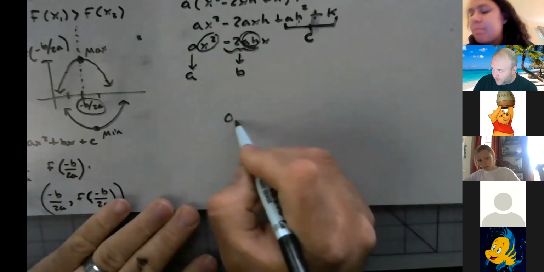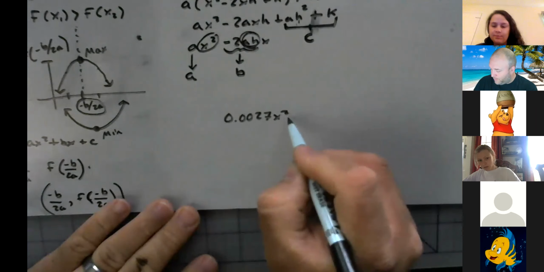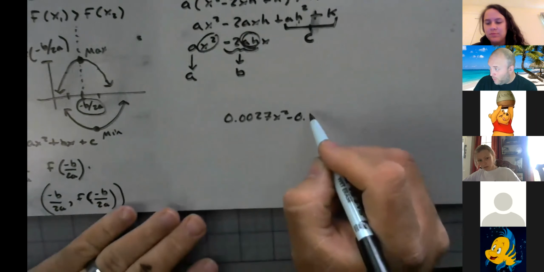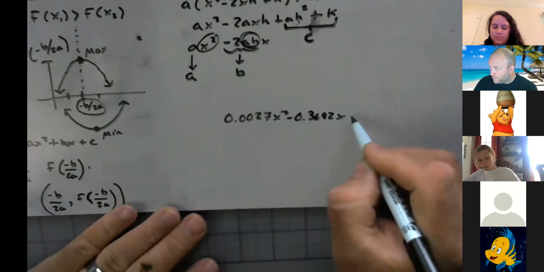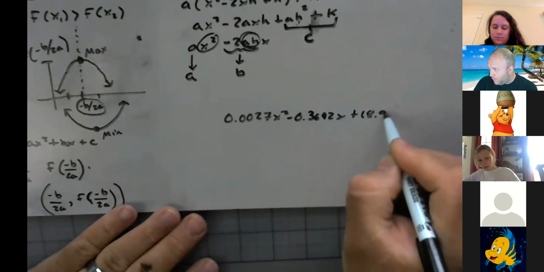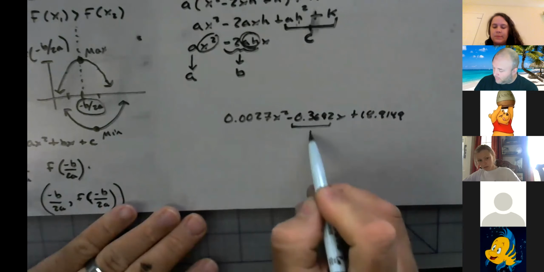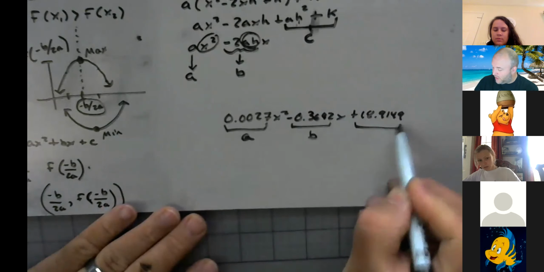So my equation is 0.0027x squared minus 0.3692x plus 18.9149. So this is my B, this is my A, this is my C value.